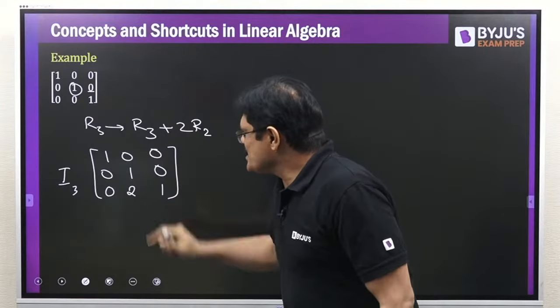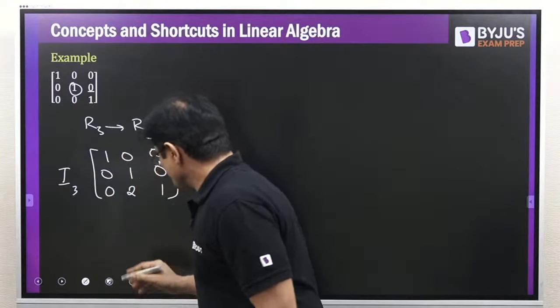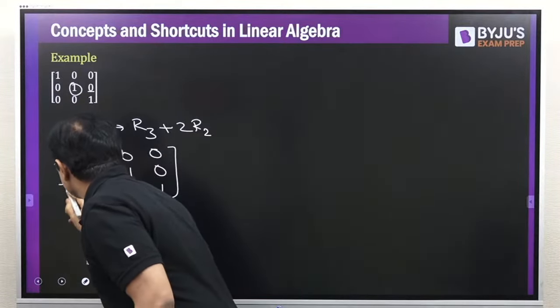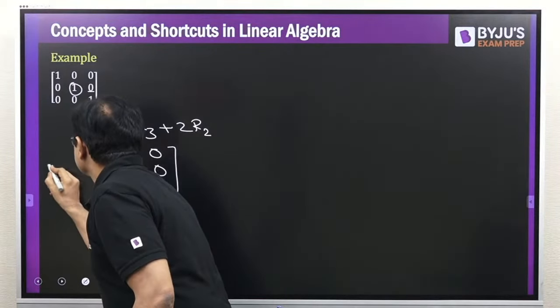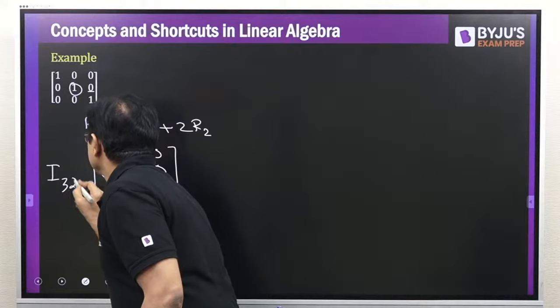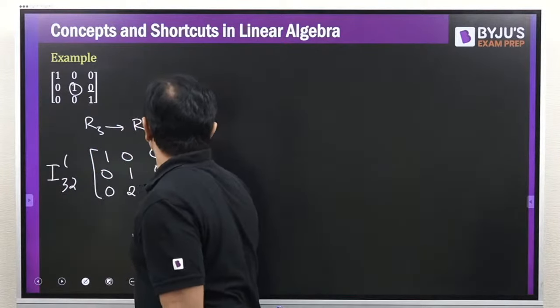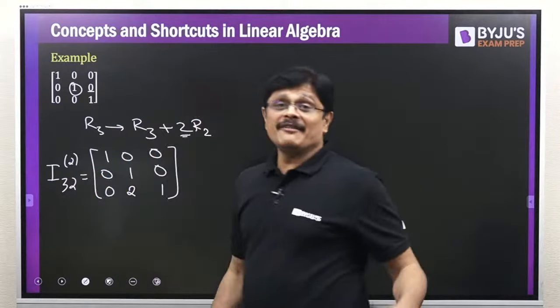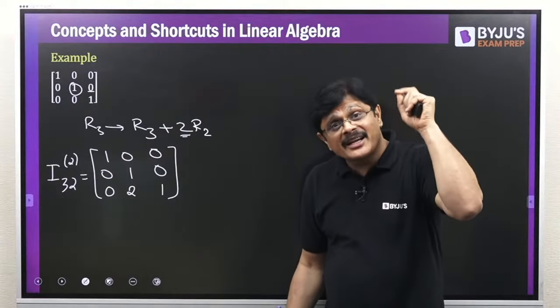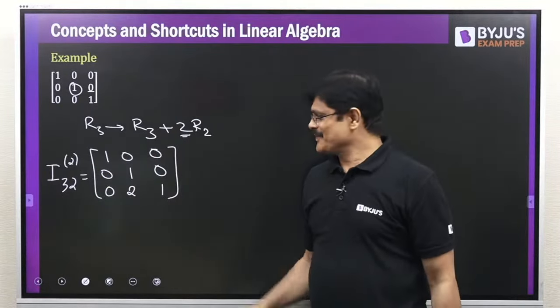Got it? Now this is your, okay, sorry, we don't have space here. Let me clear this and write. Write slowly. 3, 2, above how much? You multiplied with 2. So write 2. Even this is obtained by a single elementary row operation.